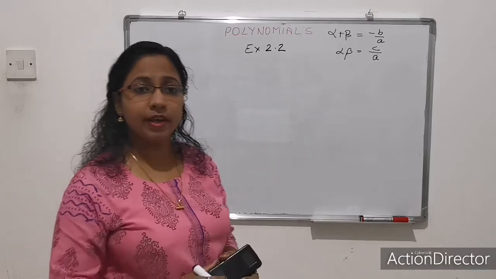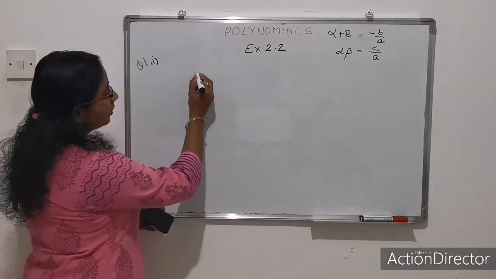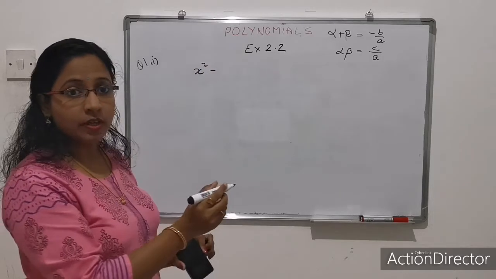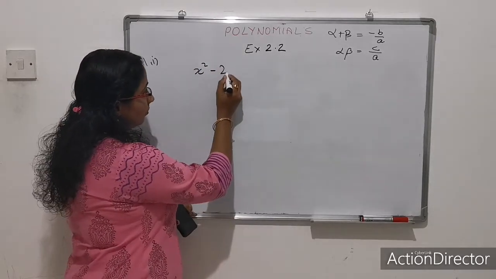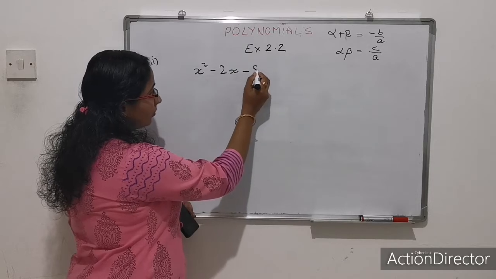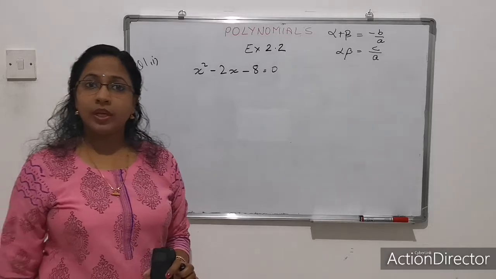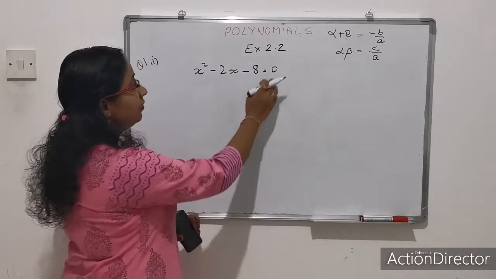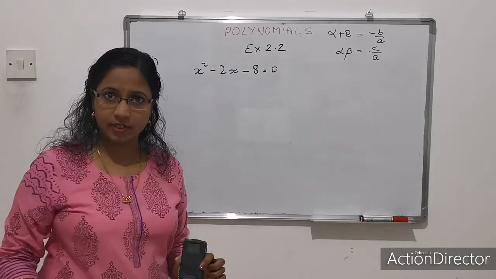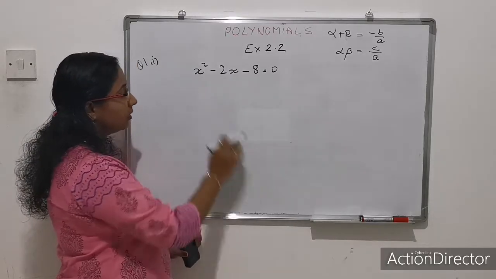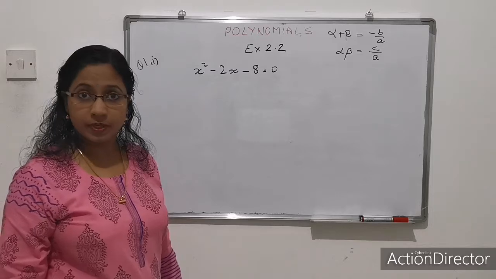Clear? Now the first equation, let's do x square minus 2x minus 8. Okay, if this is not given also you can write. Clear? Now this equation, how to do middle term splitting?